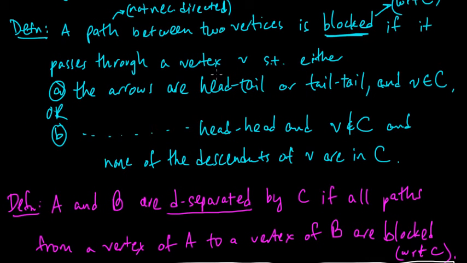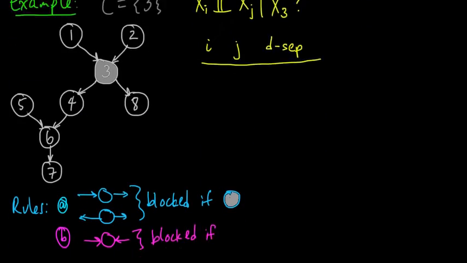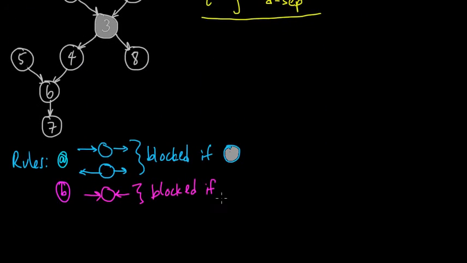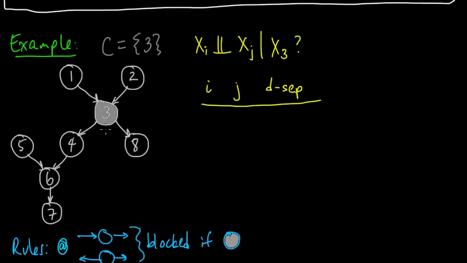It was blocked if it passes through a vertex V such that the arrows are head-to-head, the vertex is not in C, and none of its descendants are in C. So for this one, blocked if V is not in C, and no descendants in C. In our case, this is saying it's blocked if V is not equal to 3, and none of its descendants are equal to 3.